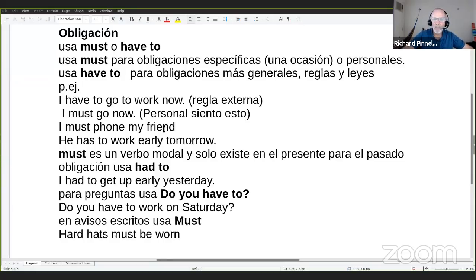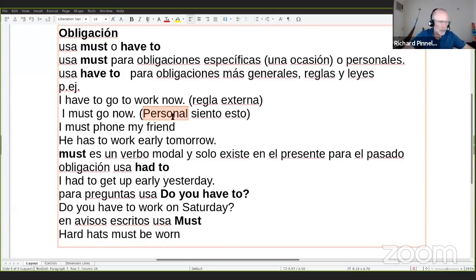I must phone my friend. Otra obligación personal, algo que se siente. He has to work early tomorrow. This is una regla externa, entonces estamos usando have to. Must es un verbo modal y solo existe en el presente. Para el pasado de obligación usa had to.